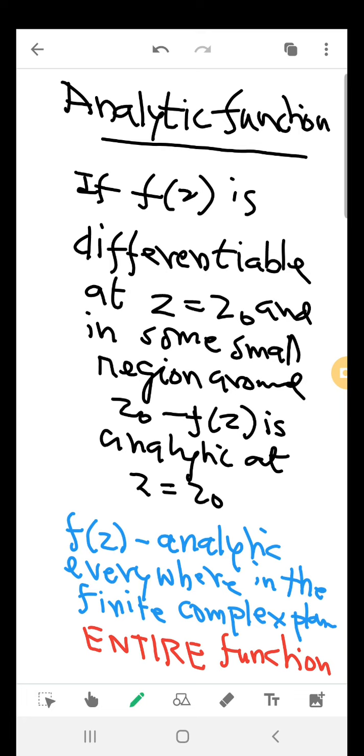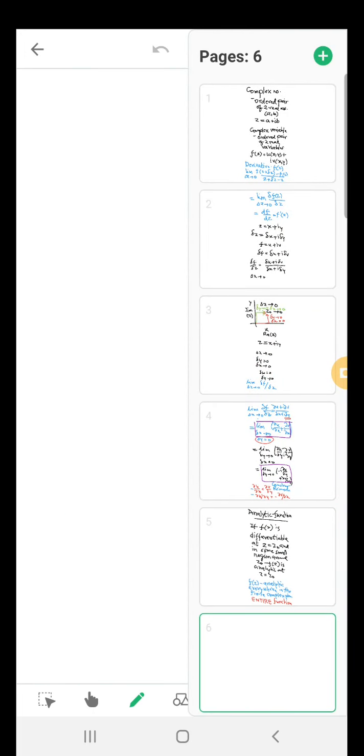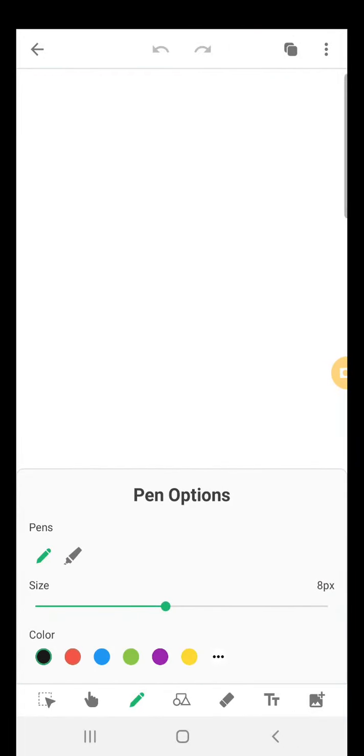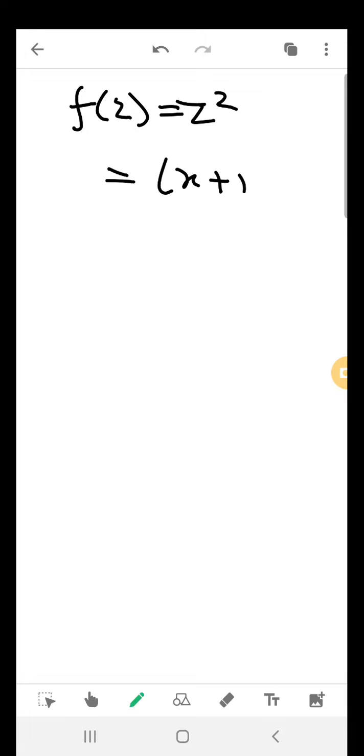Now let us see some problems to find out whether a function is analytic or not. Suppose we have f(z) equal to z square. We need to find whether it is analytic or not. As you know, z is x plus iy.